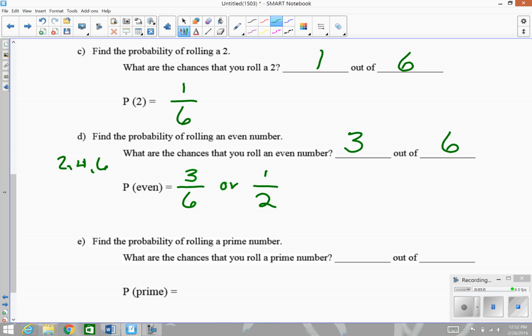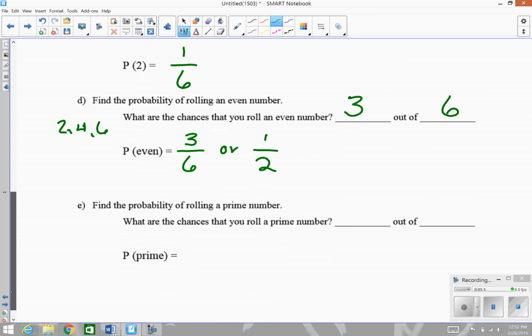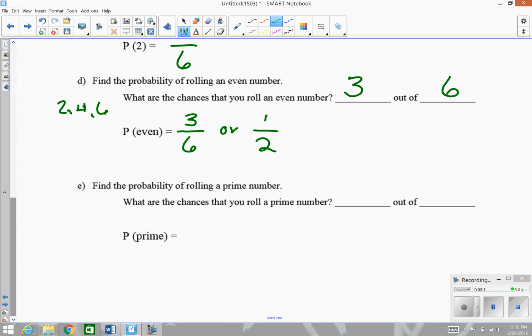And then the last one says, find the probability of rolling a prime number. A prime number, its only factors are 1 and itself.